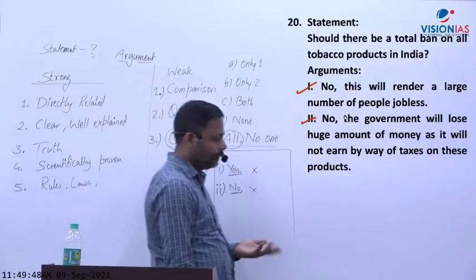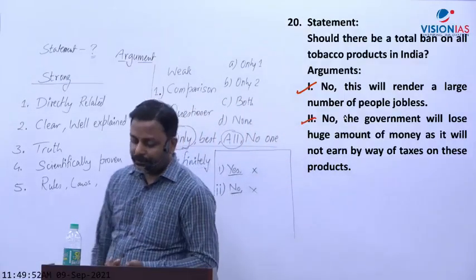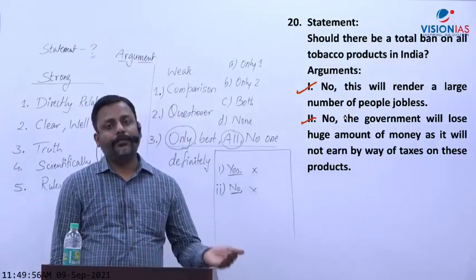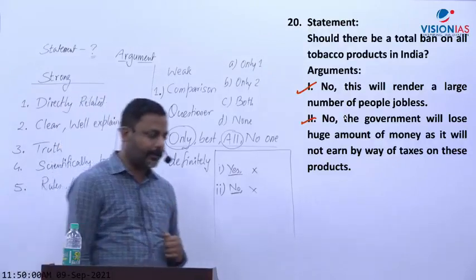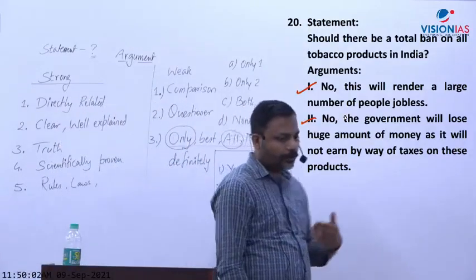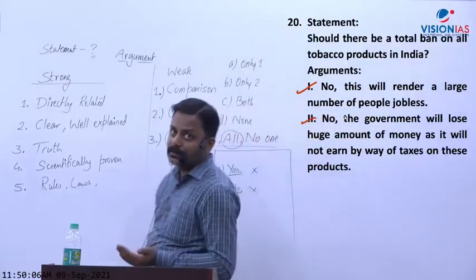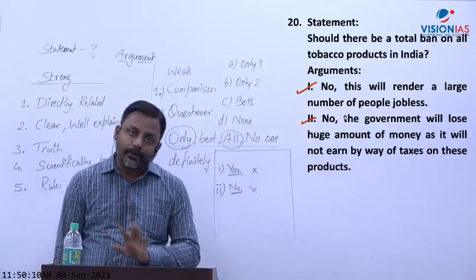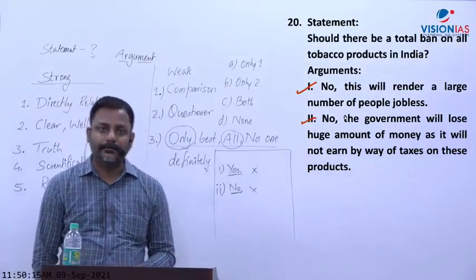In GD an issue or a question will be given, and some of the students will be in favor of a particular thing and some against it. So there can be strong reasons in favor, and there can also be strong reasons against a particular issue. We need to consider both of them. So that's why here the answer is C.